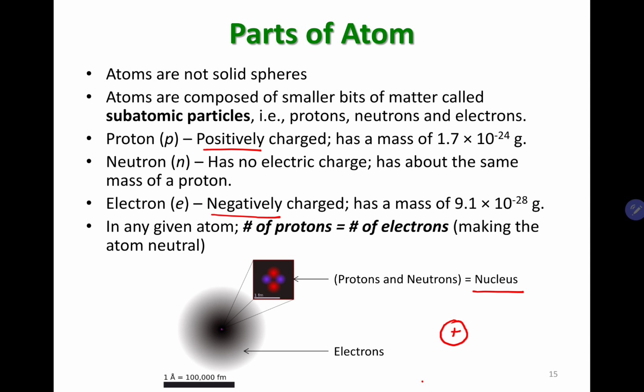So the nucleus is positively charged, even though neutrons are not charged. The nucleus is positively charged because of the protons, and electrons are negatively charged. These two are attracted to each other through electrostatic interactions. Negatives and positives attract each other.